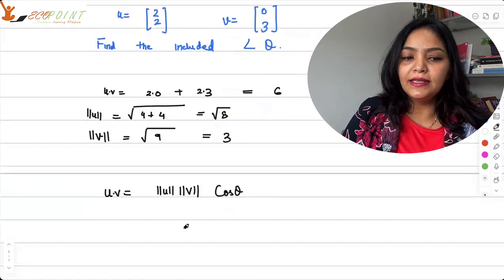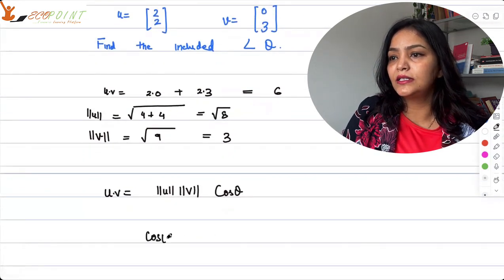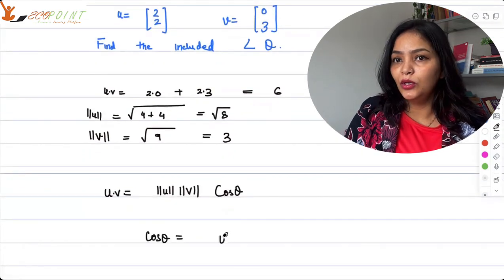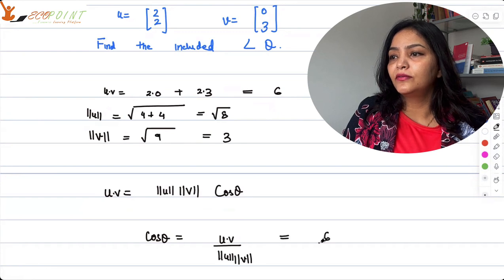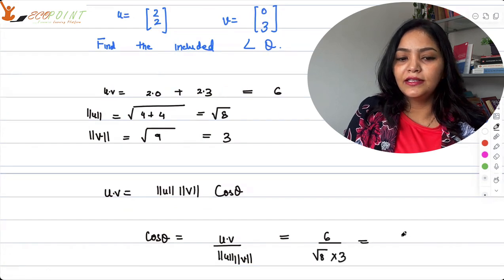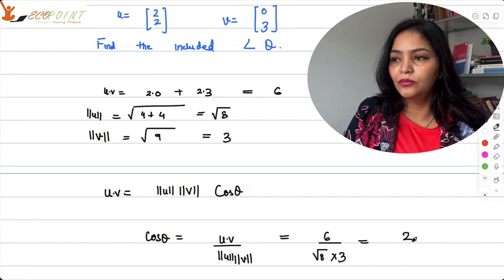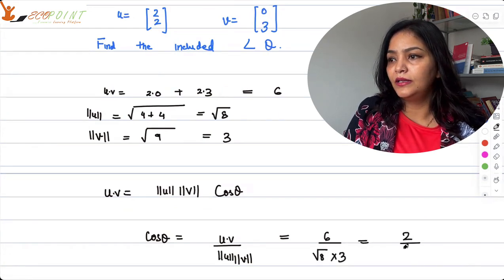So cos theta is equal to U dot V upon the norm of U times the norm of V. That is 6 upon square root of 8 into 3, that is 2 by root 8.